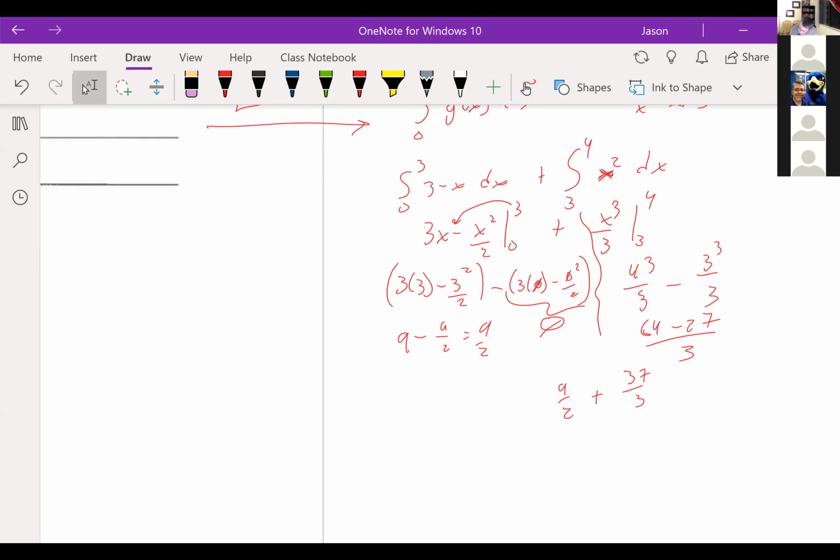So this is going to be 27/6 plus 74 sixths, 27 and 74, is 101 sixths.